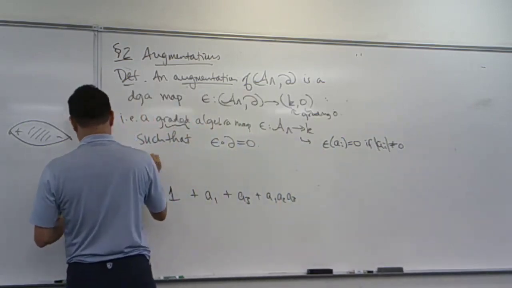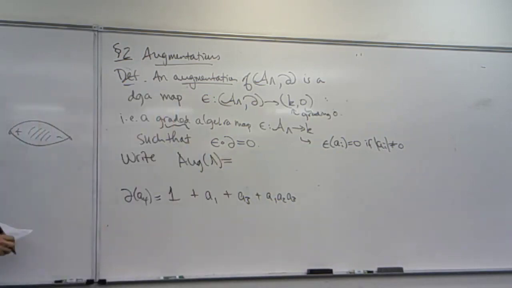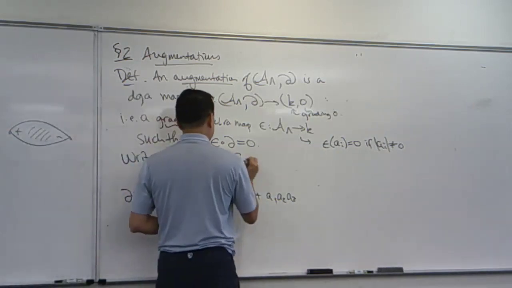What I'm going to do is I'm going to write Aug of Lambda. This is going to be the collection of augmentations.